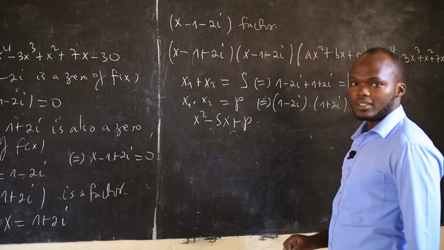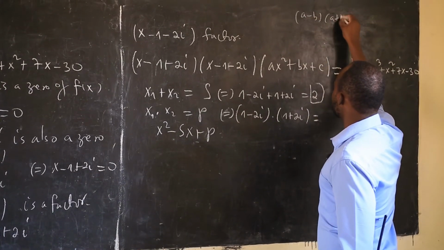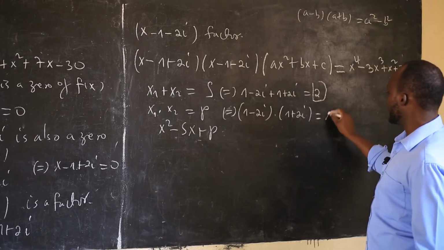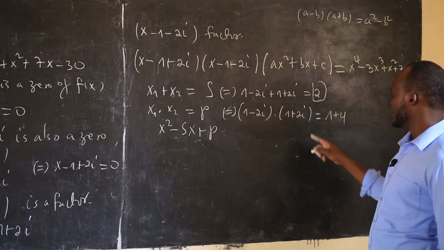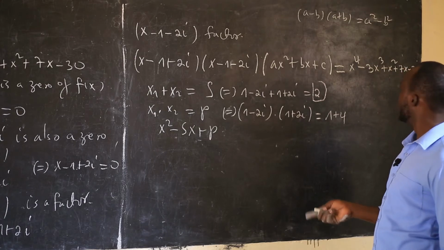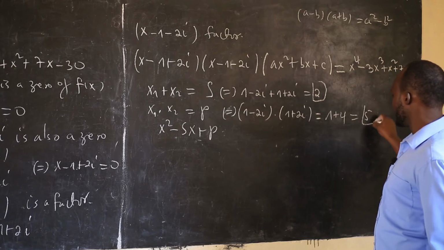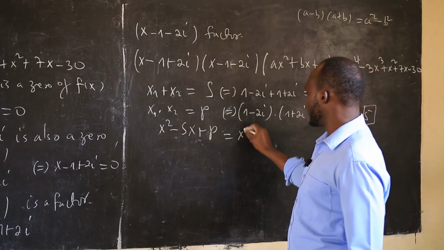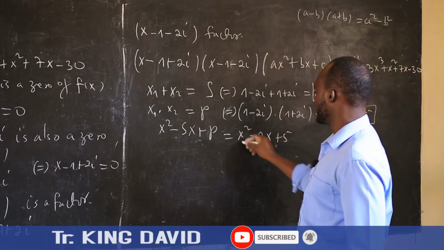You know, when you have a minus b times a plus b, the answer is a squared minus b squared. So this is 1 plus 4, because 2 squared is 4, i squared is negative 1, and negative 1 with this negative becomes positive. So the answer is 5. Which means that this equation is x squared minus 2x plus 5.